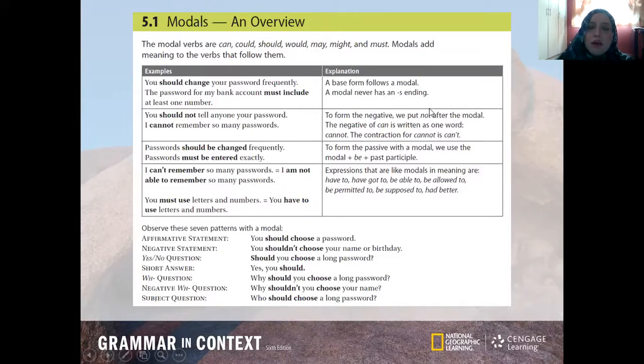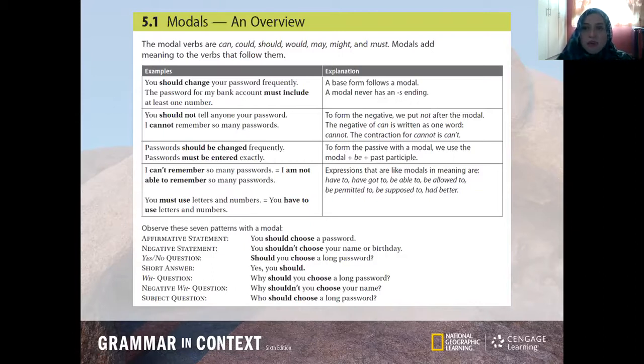Okay. Now, a modal never has an S ending. I know sometimes when we write sentences, especially for singular subjects, the main verb will have an S, okay, to indicate that it is singular.